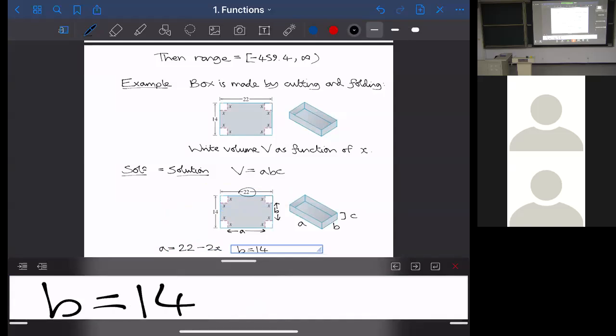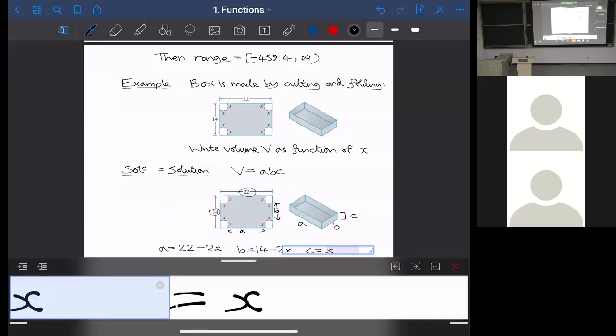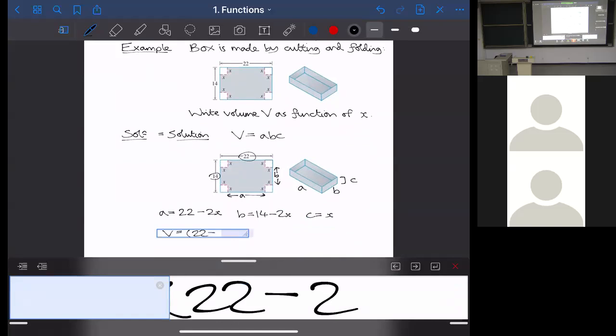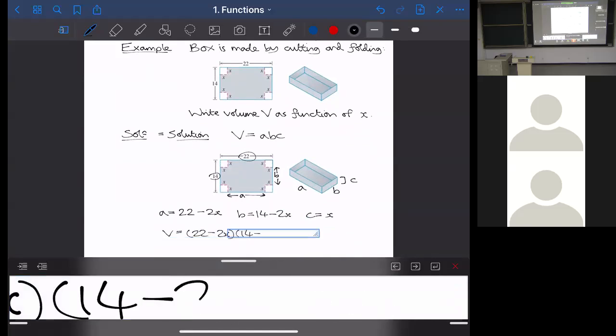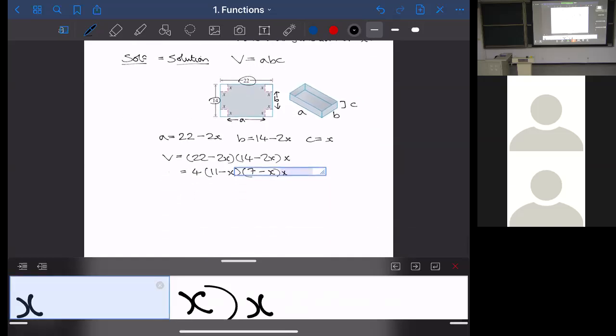B is 14 minus 2 corners of length x. And C is just x. So V is this product. And I can rearrange this a little to get this. Okay.